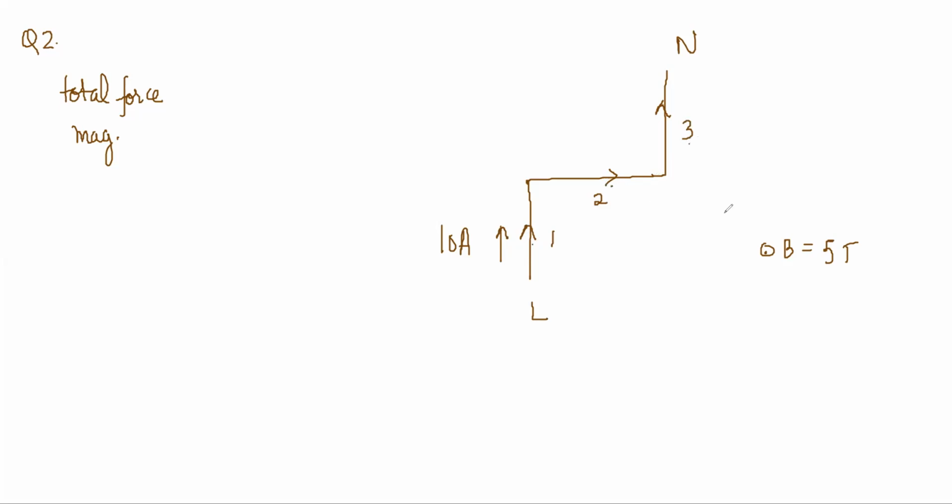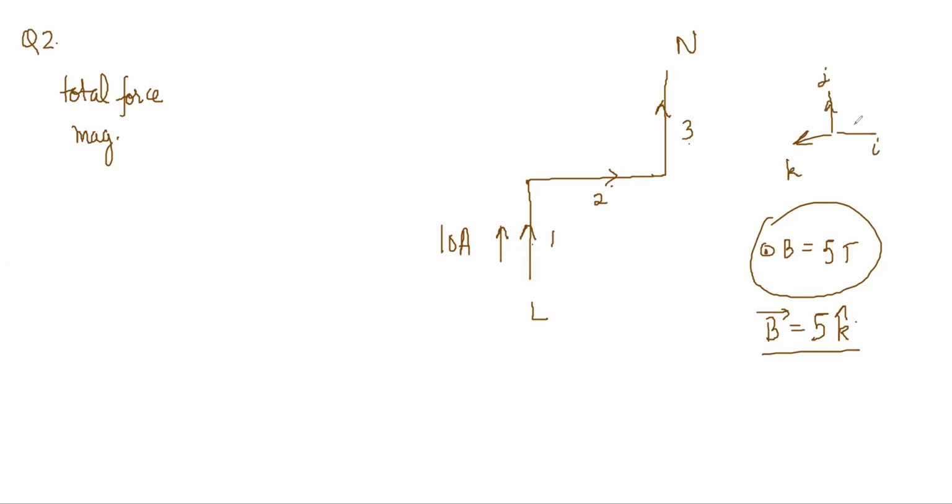So if you think about it, this magnetic field, its vector direction is equal to 5 k cap, right? Because it is coming out of the plane. Whatever comes out of the plane, this is k, this is i, this is j, right? So 5 k cap is this. Now force on this section. Your current is in the positive j direction.